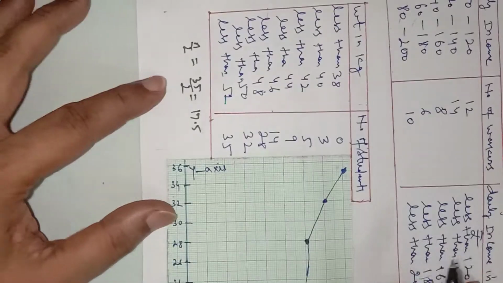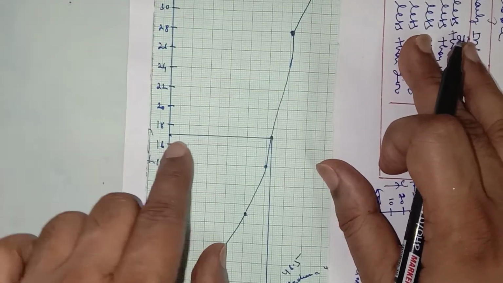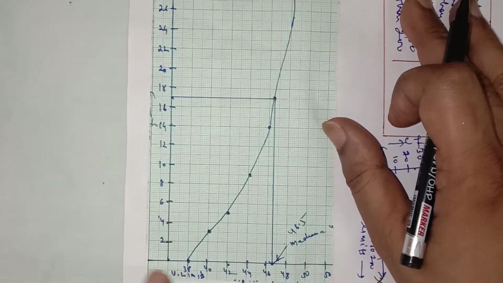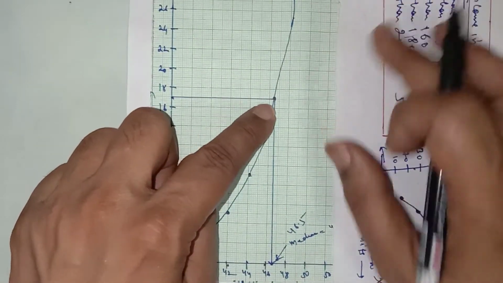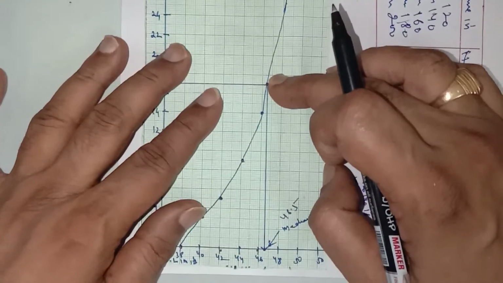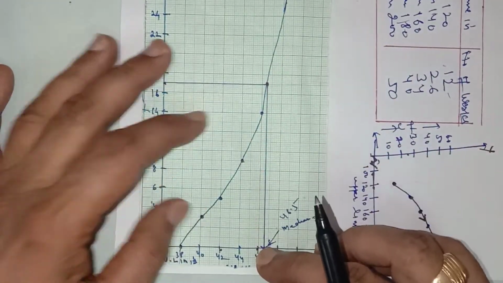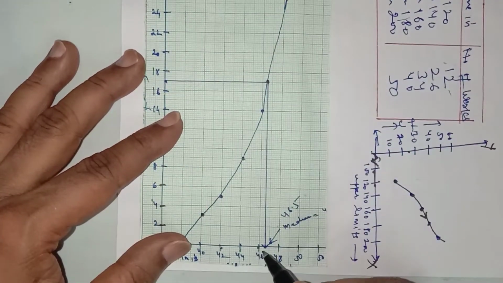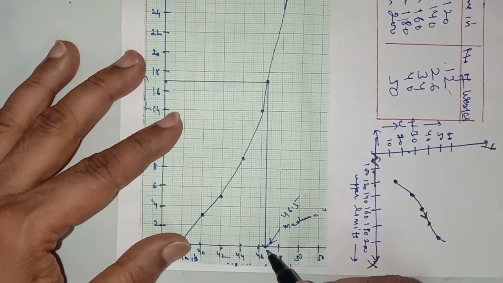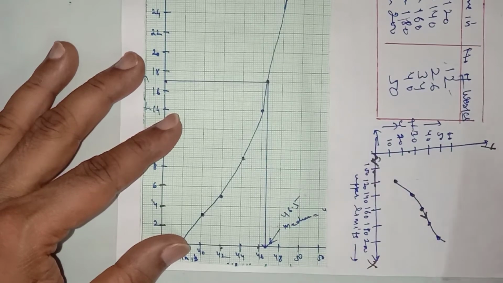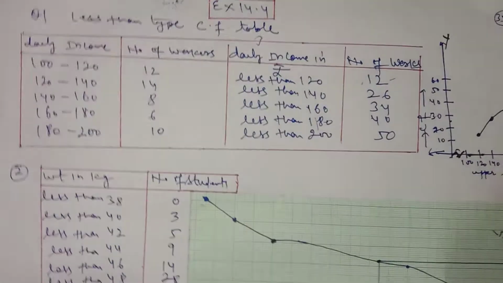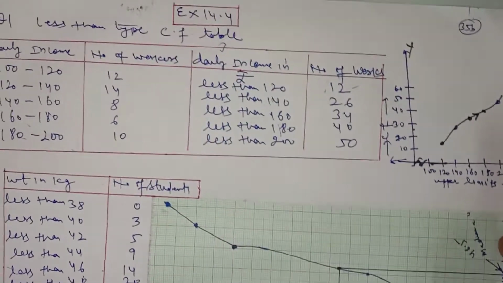That is, you have to find first of all n by 2, then locate that point on the y-axis, draw a line parallel to the x-axis, meeting the curve at a point, and from that point draw a perpendicular on the x-axis. The point where it intersects the x-axis will give the median of this data. So from this less than curve you can easily find the median graphically.